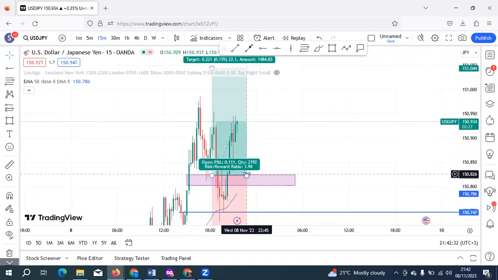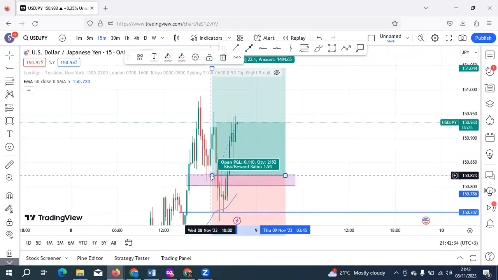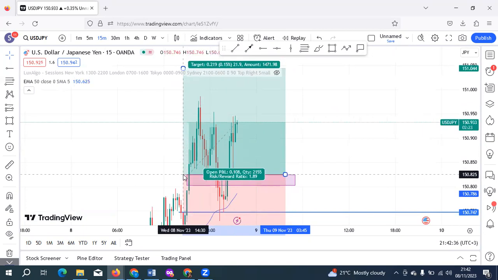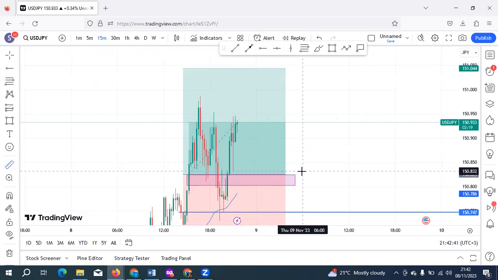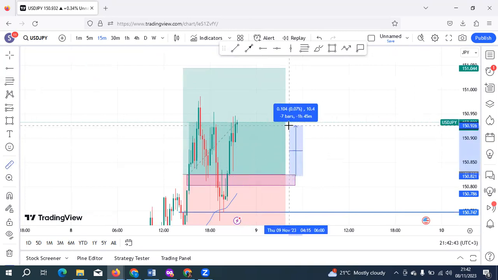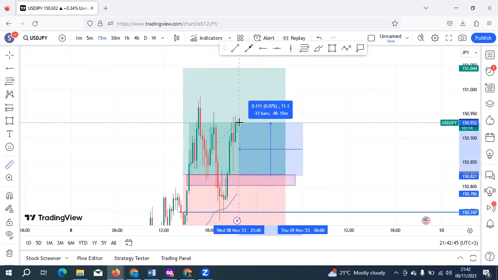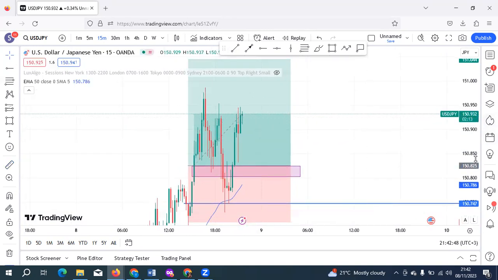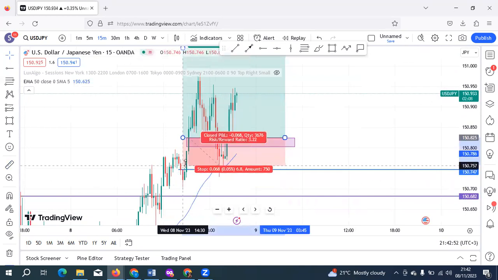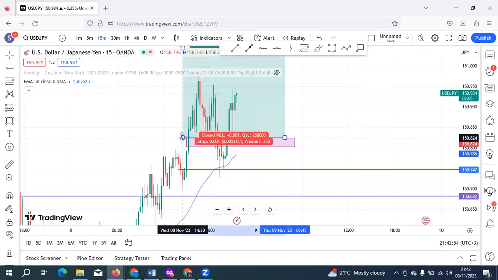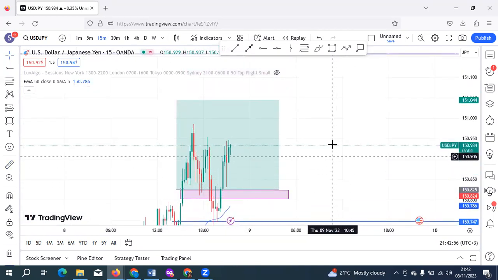Okay, so what would have happened here is now I would be floating take profit one. I'm so sure about that. And this is a live trade that is already happening here. Right now it's at 10 pips. So when it gets to my take profit one, what I usually do is bring my stop loss to entry. So this is now a risk-free trade.